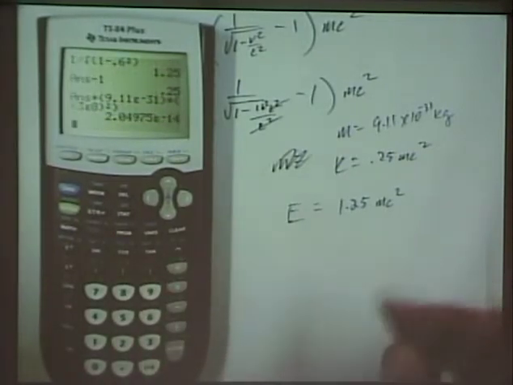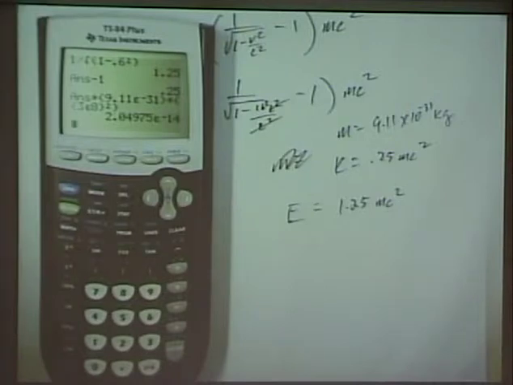There it is. That's about right. That should be about 2.05 times 10 to the negative 14th joules.